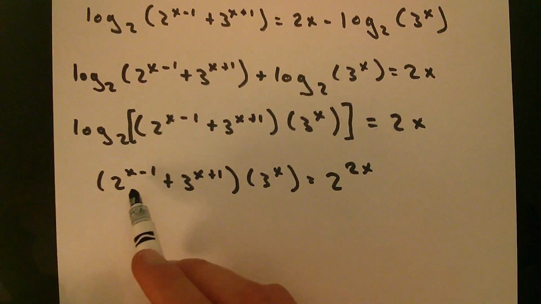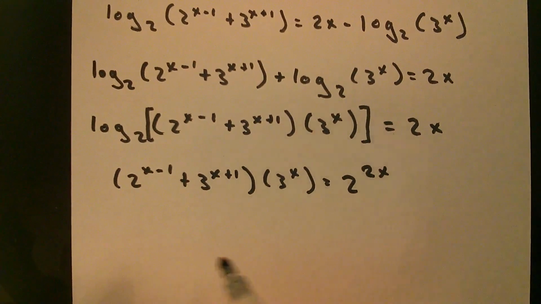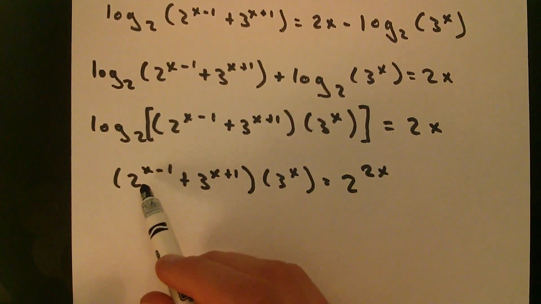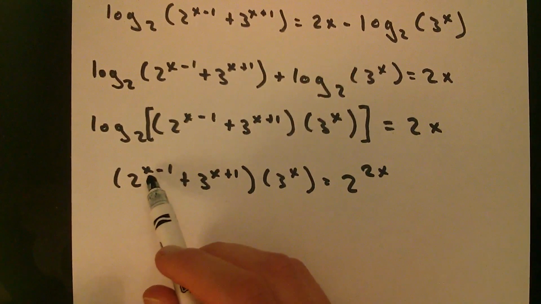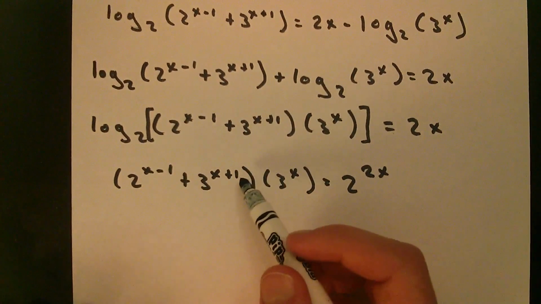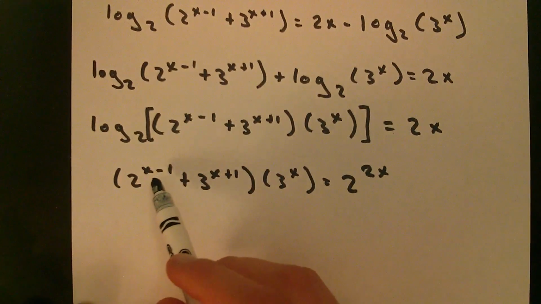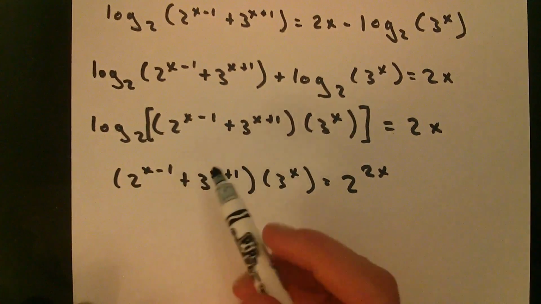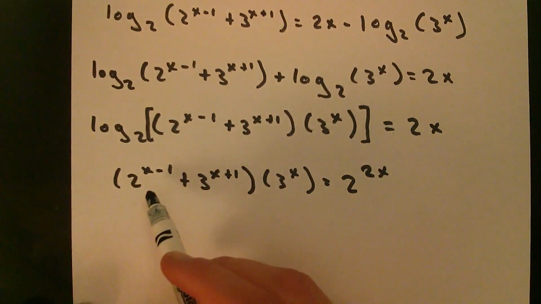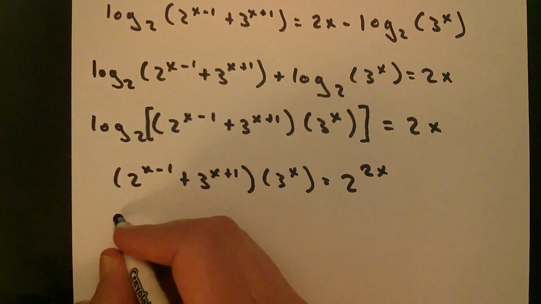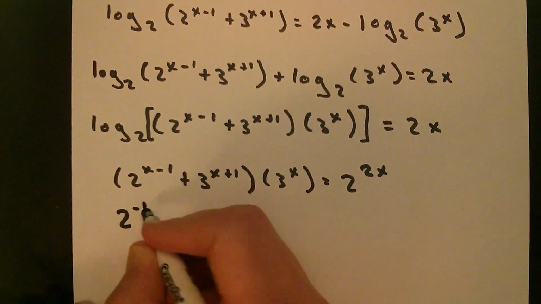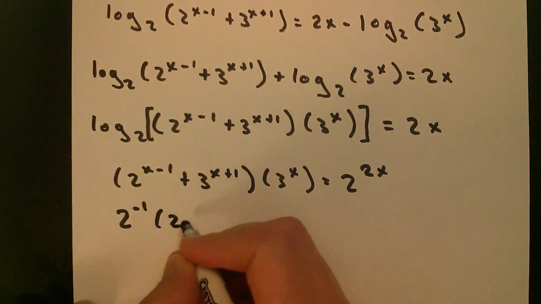Now I'm just going to multiply out my left-hand side. Also, I don't like having 2 to the power of x minus 1 or 3 to the power of x plus 1. So another way to represent each of these using exponent properties is, 2 to the power of x minus 1, that's the same as 2 to the power of negative 1 times 2 to the power of x.